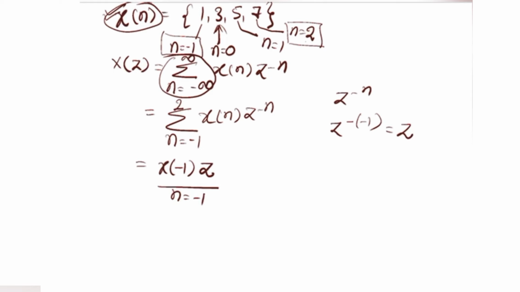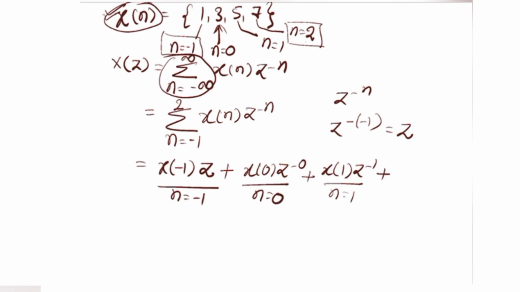So we will write here z, plus for n equals 0, we will get x[0] z to the power minus 0, plus for n equals 1, we will get x[1] z to the power minus 1, plus for n equals 2, we will get x[2] z to the power minus 2.